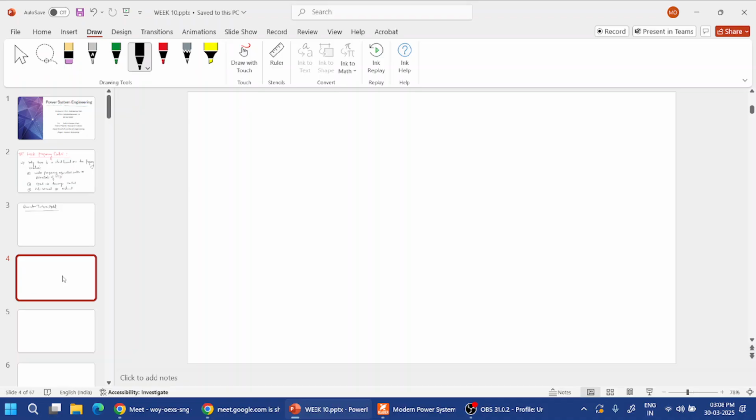We are going to analyze the two area load frequency control.